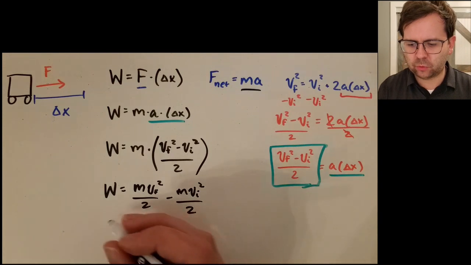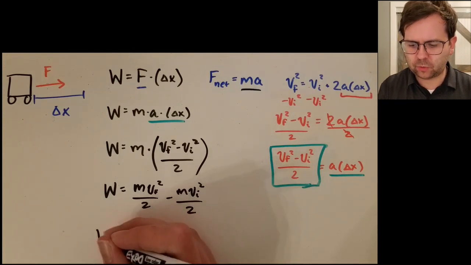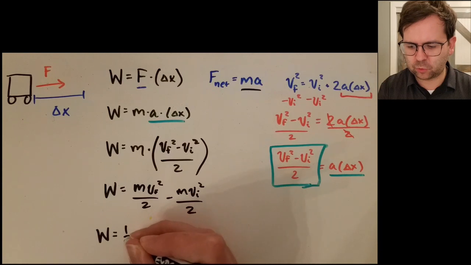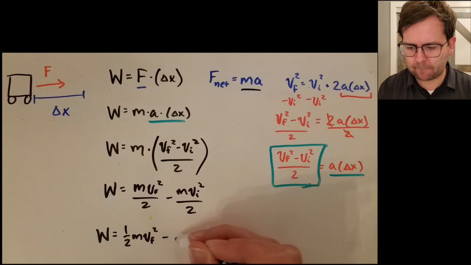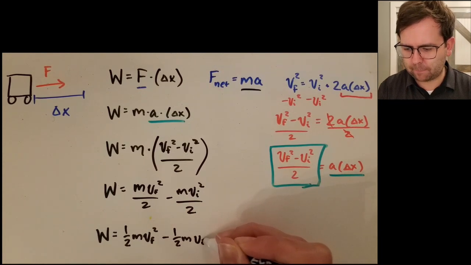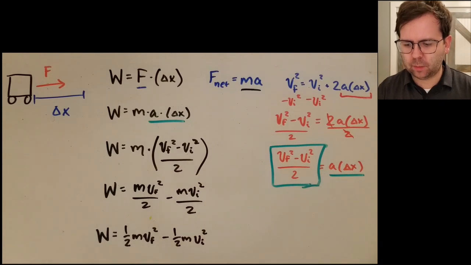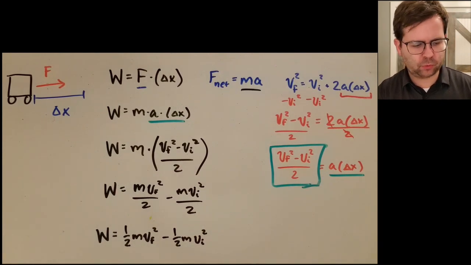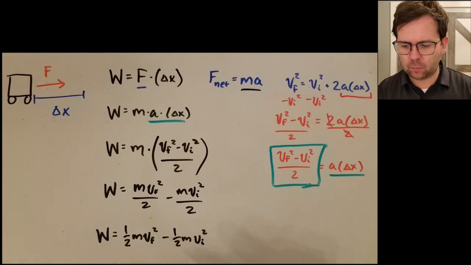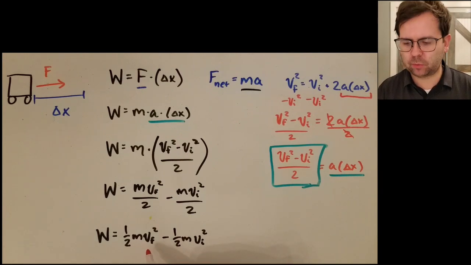Just to write it one other way, to make it a little more traditional, I'm going to write it like this, with the 1/2 out in front. So now I have this quantity here, 1/2 times mass times the velocity squared, for the final velocity minus the initial velocity.